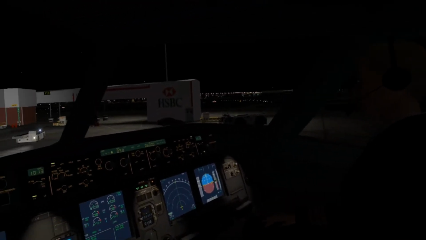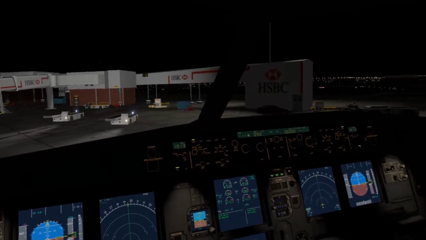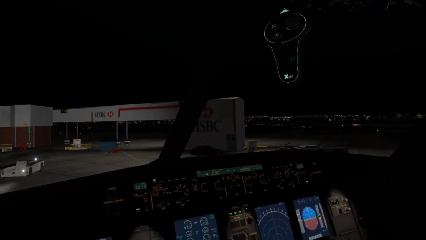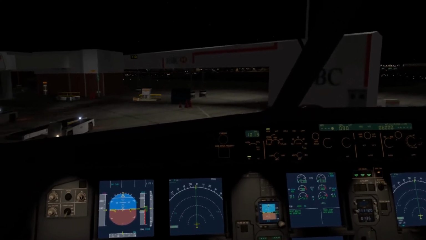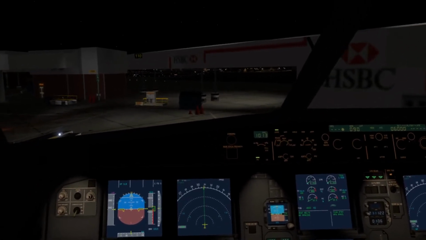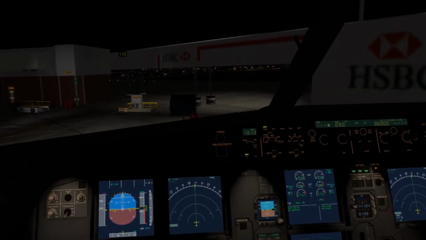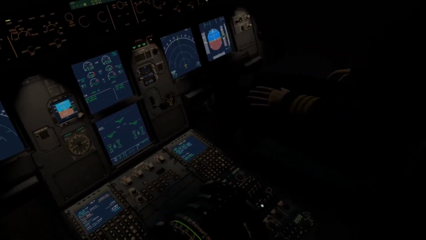We're just gonna park right here. Turn off the lights. Okay. Engine shut down.